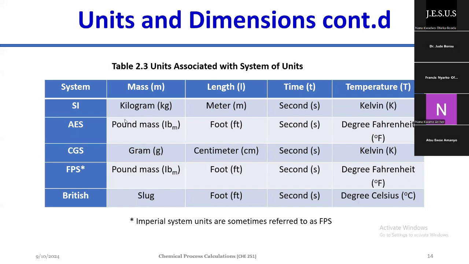With that one, the mass is measured in grams, the length in centimeters, the time in seconds, and the temperature in Kelvin. We also have the FPS, which is foot pound second. Even from their abbreviations, you can get the actual unit for their quantities. And we also have the British one. With the British, they measure their masses in slug and their length in foot.